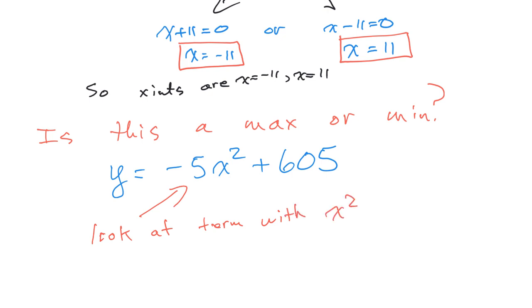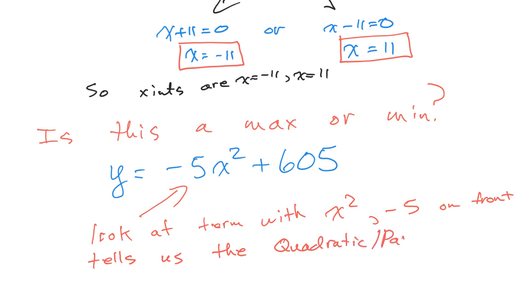In this case, we have -5 on the front, which tells us the quadratic, also known as the parabola, the thing that we graph, is a sad parabola. Opens down. So this means it's a max.